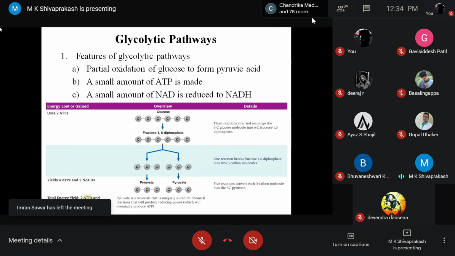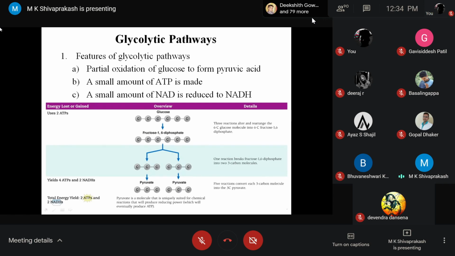Glucose is a 6-carbon compound, pyruvic acid is a 3-carbon compound. So from a molecule of glucose, you will get 2 molecules of pyruvic acid, and in the process, a small amount of energy is realized in the form of ATP. A small amount of NAD is reduced to NADH. In aerobic organisms, that NADH is realized in the form of ATP; it gives rise to 3 ATP molecules.